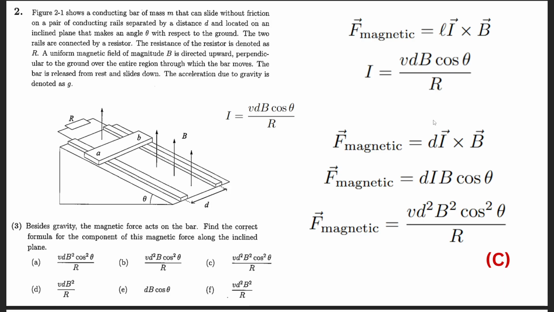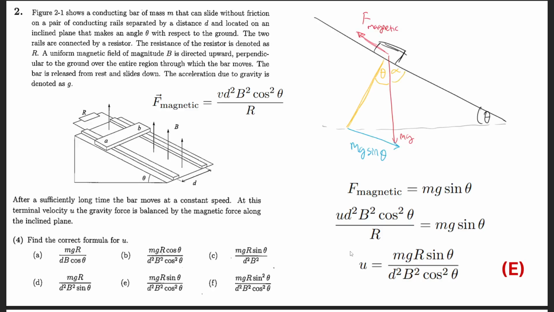So we can write the cross product of I and B as dIB cosine theta. We know from the problem before that I is equal to phi dB cosine theta over R, so we can substitute that here, and we get phi d squared B squared cosine squared theta over R, that is C.